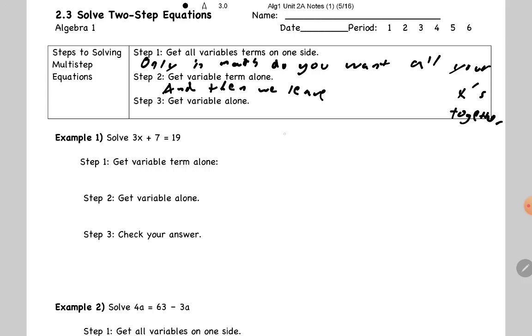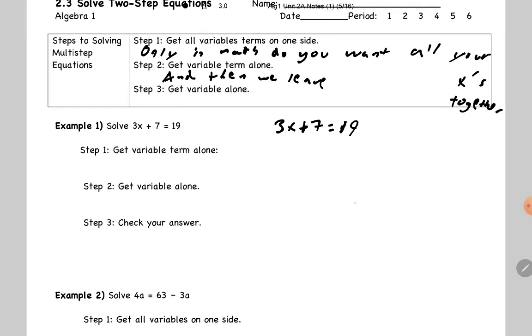Rewrite the equation. 3x plus 7 equals 19. So, what do I do first? Do I divide both sides by 3, or do I subtract 7?